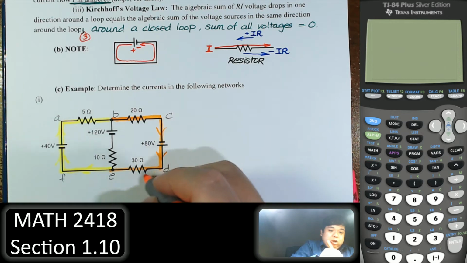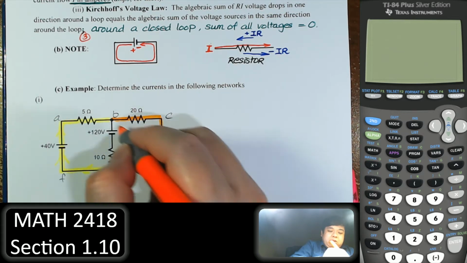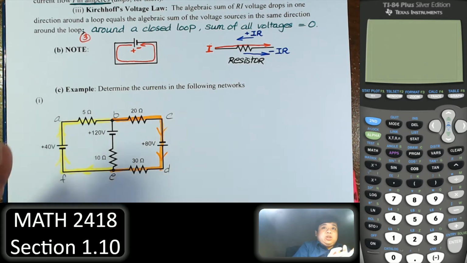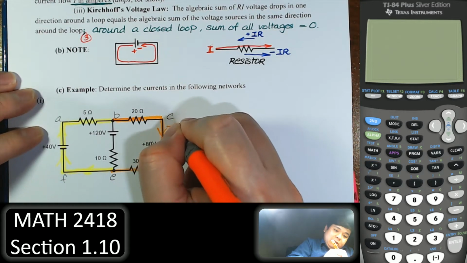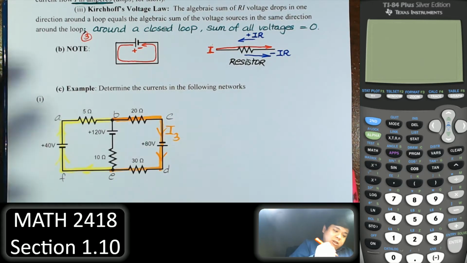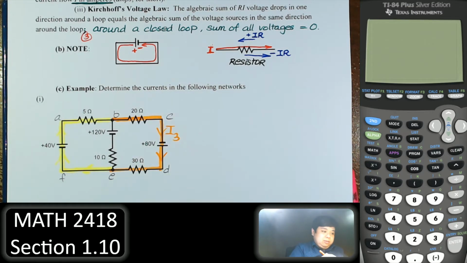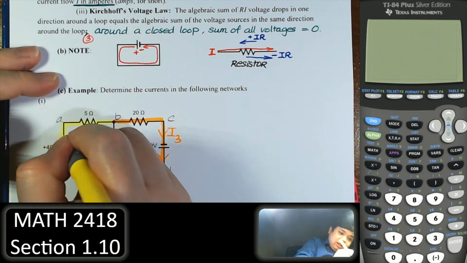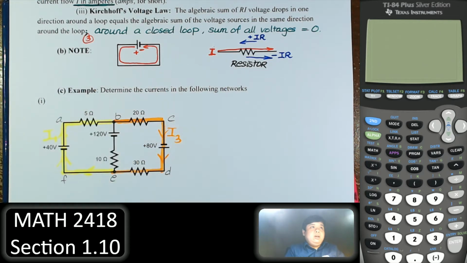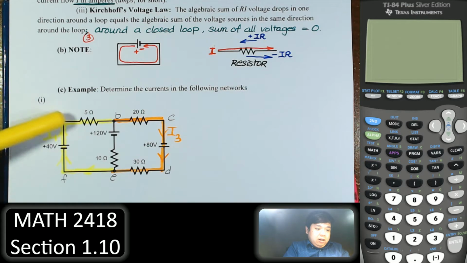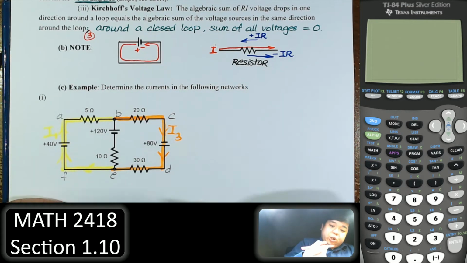It is the same current from B to C to D to E, because there's no split. It just goes in one direction. So this is I3 going in that direction, and I1 going in this direction. And then the middle one, of course, is I2.